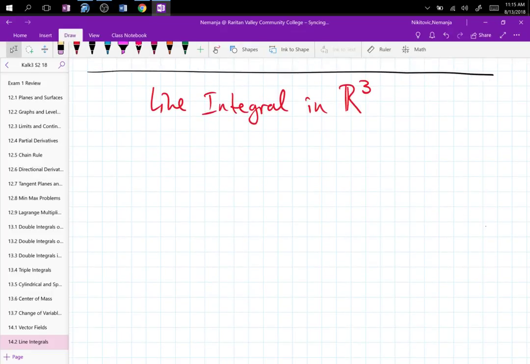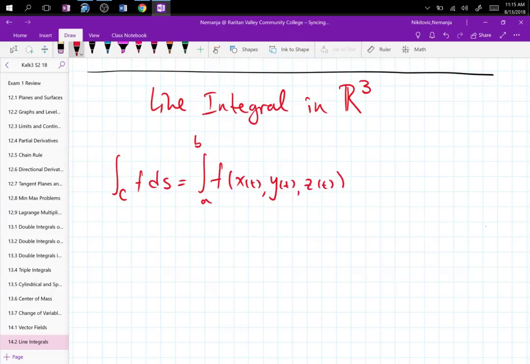It's the same thing. Looks exactly the same. I'm going to write the formula here. We have our integral C f ds is going to be now integral a to b. Your f is now a function of x of t, y of t, z of t. Still times the velocity, the absolute value of the magnitude of velocity, and then dt.